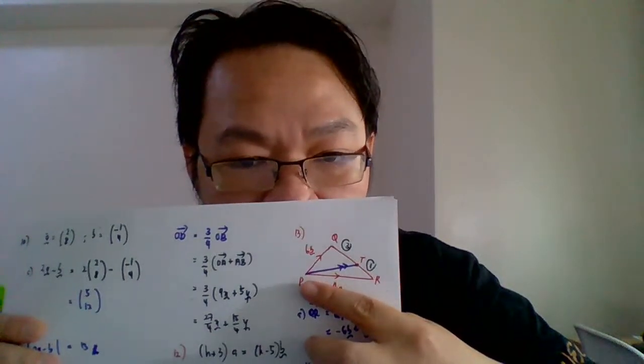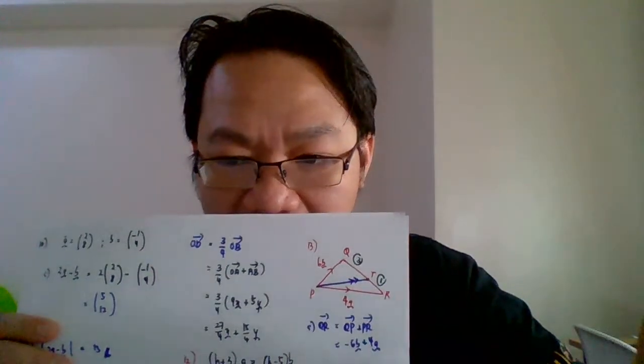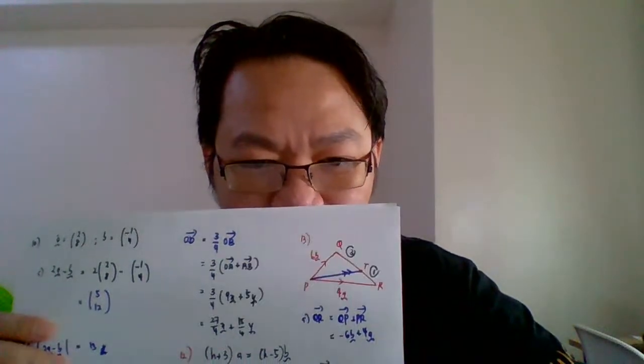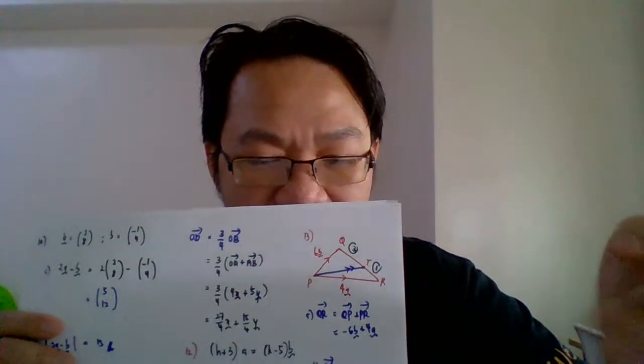Now, what is your question B? Question B, find the PT vector. Okay, let's draw the PT. Here, this is our PT. I want to find the PT. There are two ways to solve the problem.